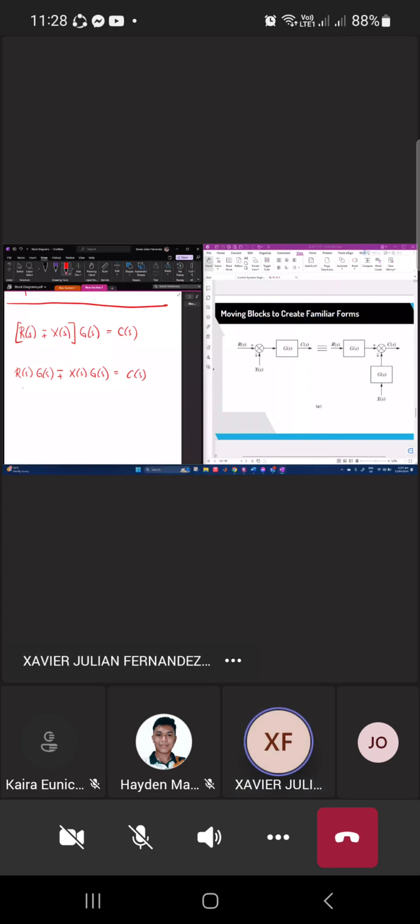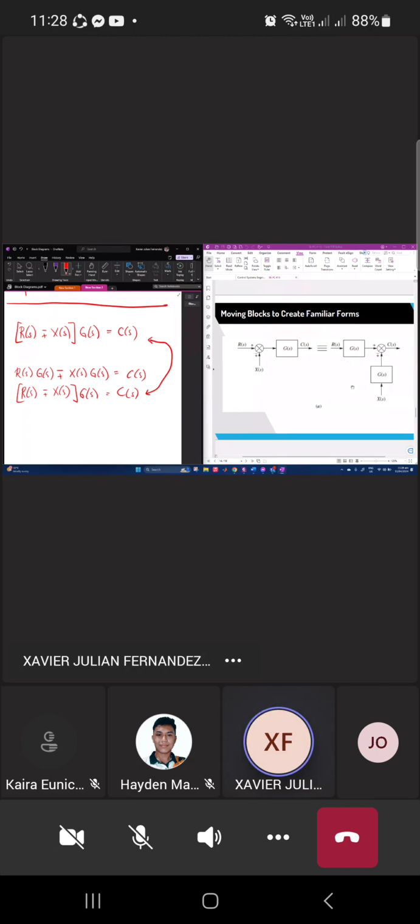To make it clearer, we can factor out G of S. So they're the same. Meaning, this subsystem is the same as this subsystem. Okay?